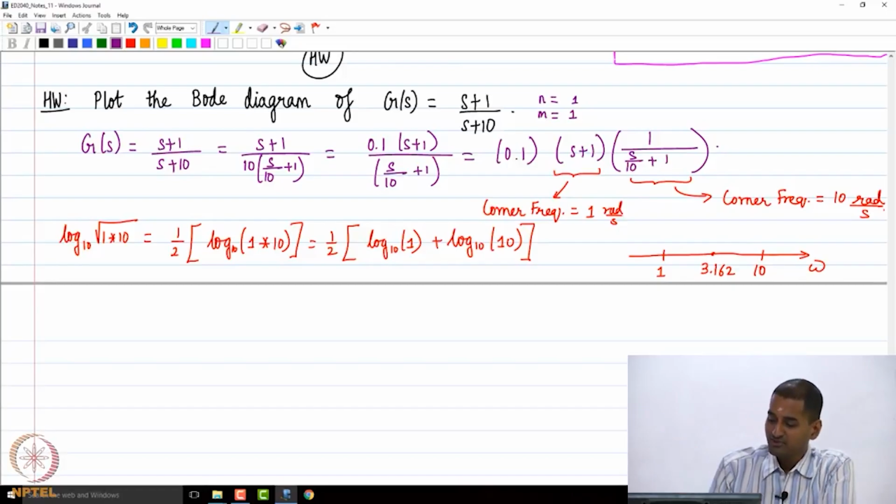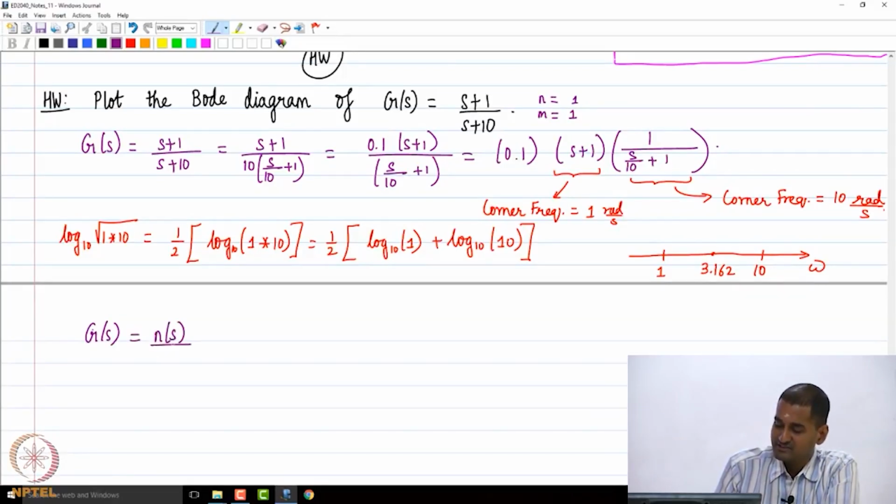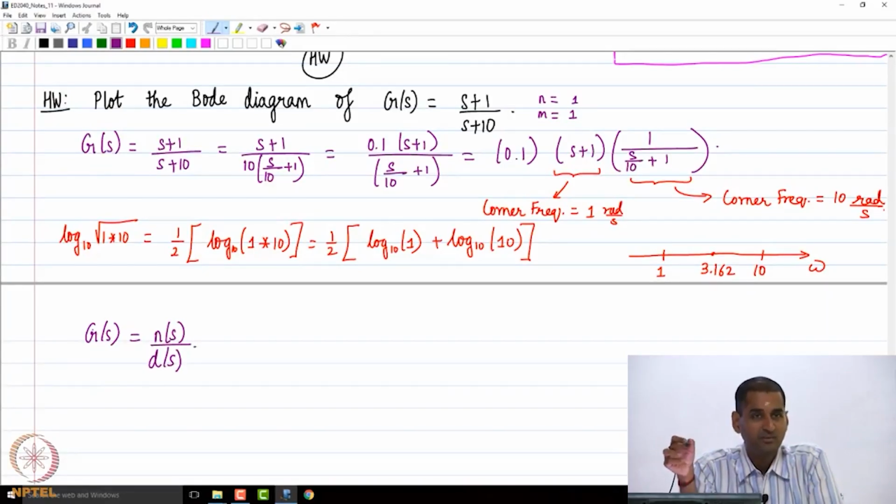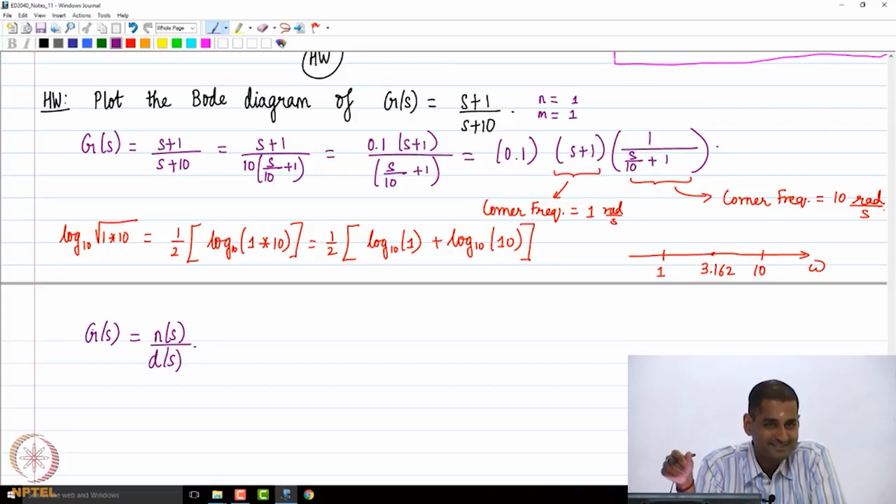If you take any transfer function of the form n of s by d of s, how did we define a minimum phase transfer function? One whose zeros are in the left of the complex plane. It was implicitly assumed that the poles are in the left of the complex plane, because when we talk about frequency response, we are talking about stable systems; only then does frequency response make sense. So, implicitly we are assuming all the poles to be in the left of the complex plane.